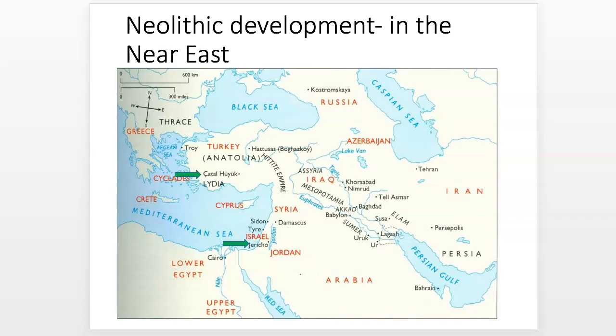So the Neolithic era began earlier in the Near East, something about 4,000 years earlier, which is substantially earlier than Western Europe. This is a couple of the sites we're going to look at, one in Turkey and then Jericho down here in Jordan.